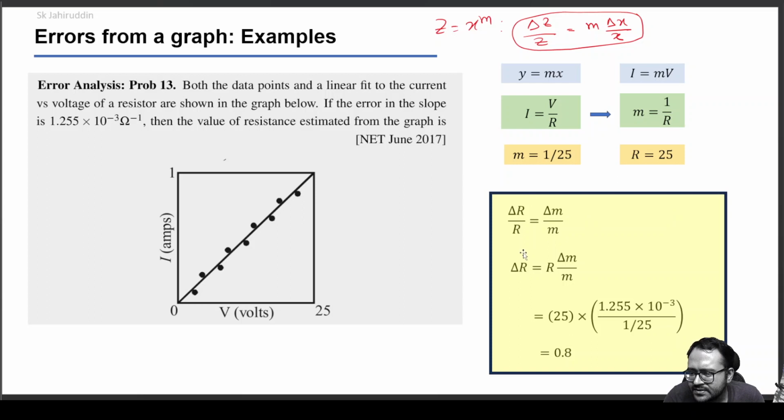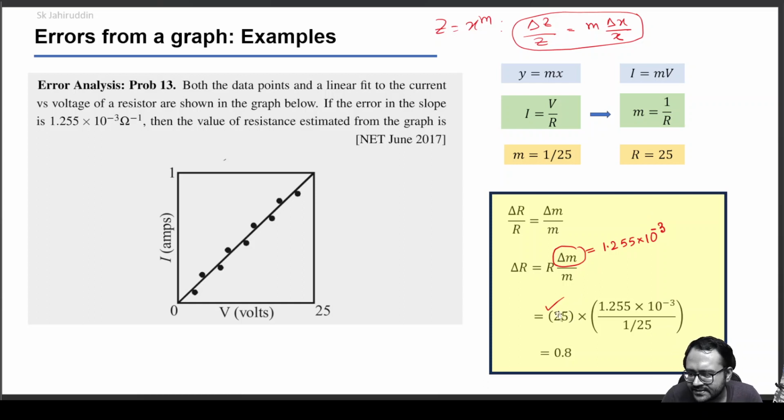So delta R is R into delta M by M. R you have already got. Delta M by M is given. Delta M is given actually, and M is calculated. That delta M is 1.255 into 10 to the power minus 3.